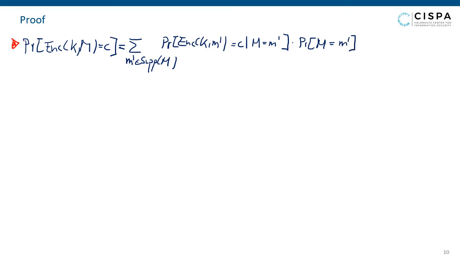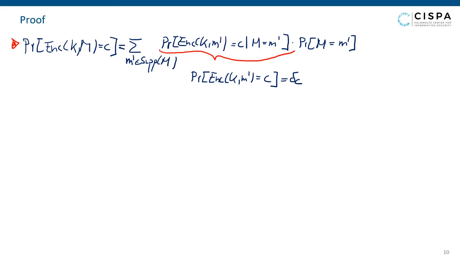So this term here we compute in exactly the same way as the term that I marked green on the last slide. We just exchanged m for m prime, but otherwise it's the same. This simplifies to the probability that encrypting m prime equals c, which also doesn't depend on m prime as we've seen above. This is just our term delta c.